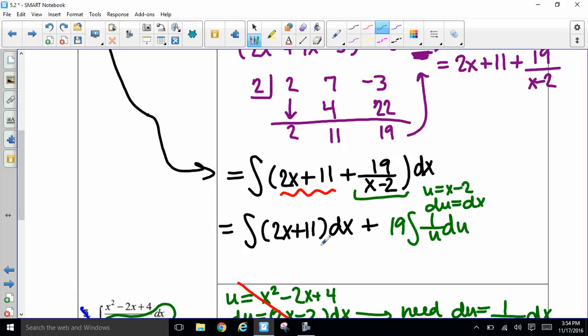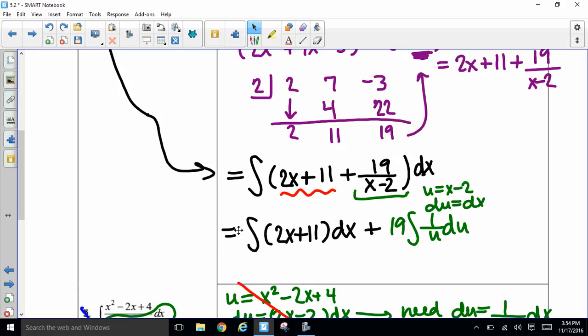I'm taking the time to rewrite this original integral because I want to integrate all at one time so that I can just do my one plus c and not have to worry about all the different c's.